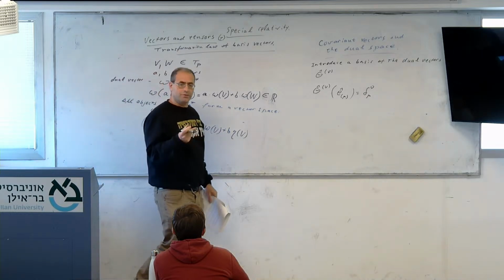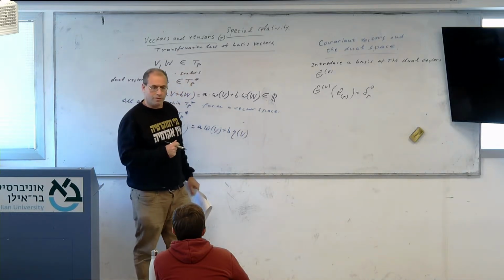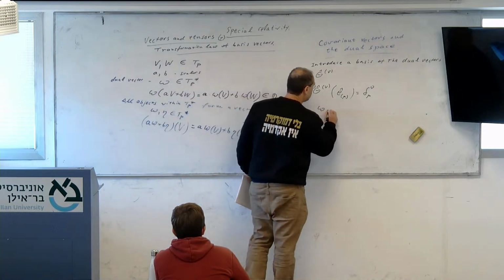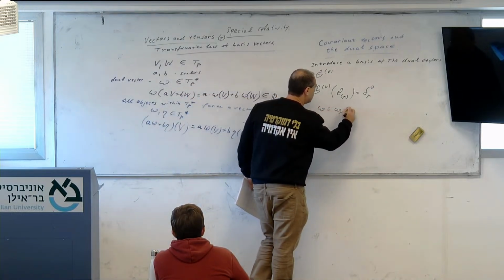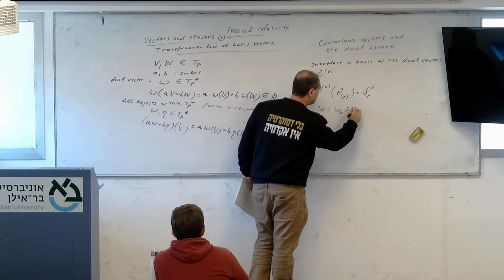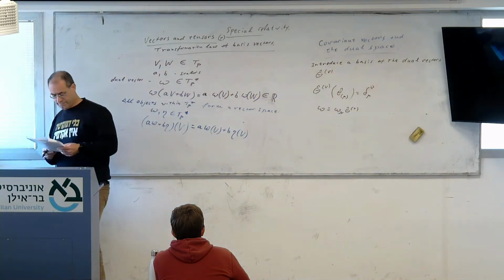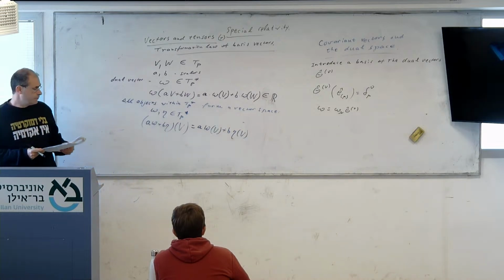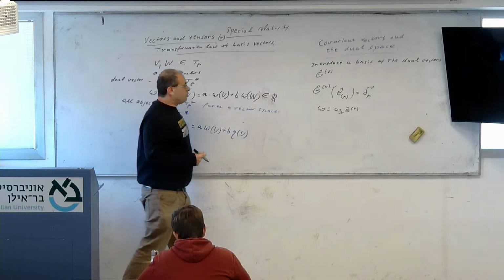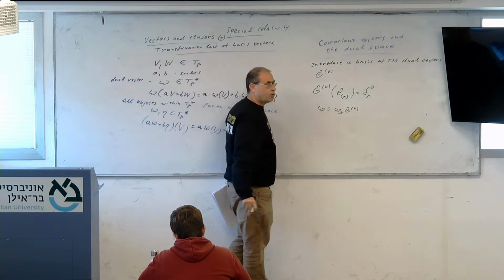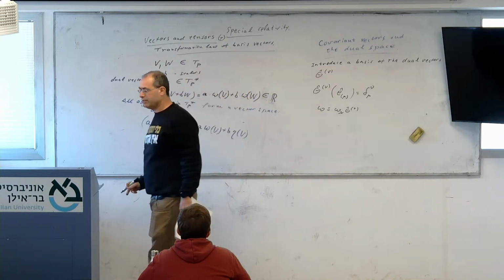Similar to regular vectors, any object in this dual space we can write as omega equals omega mu theta nu. And how do we call any object of TP star?